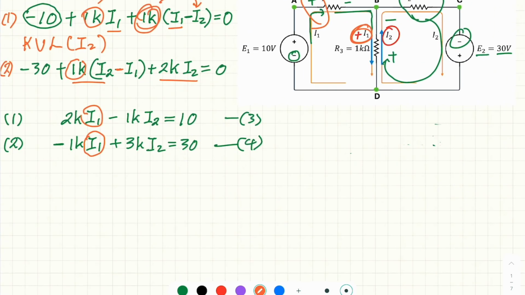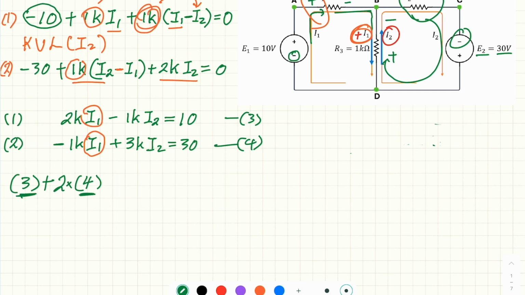So now what I can do is add equation 3 to equation 4, but if I want to eliminate I1, I have to multiply equation 4 by 2. So this is the method: 3 plus 2 multiplied by 4. This 3 is equation 3, 4 is equation 4. By doing it, I1 is eliminated.